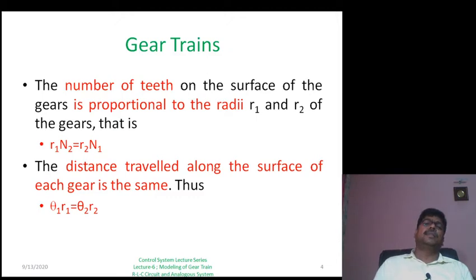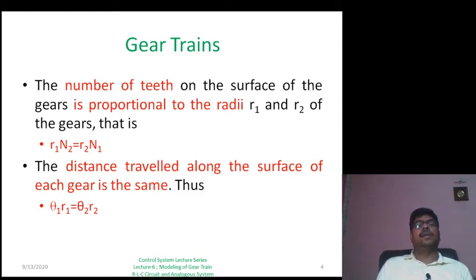The number of teeth on a surface is proportional to the radius of the gear. Say if gear 1 has a radius R1, the number of teeth N1 will be proportional to R1. If gear 2 has a radius R2, N2 will be proportional to R2.